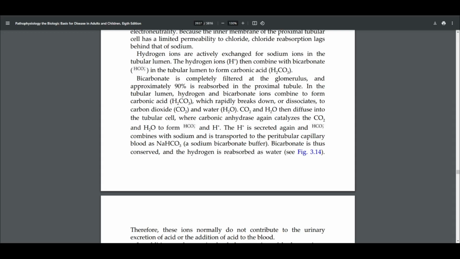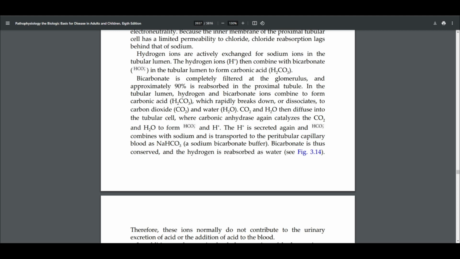The hydrogen ions then combine with bicarbonate in the tubular lumen to form carbonic acid. Bicarbonate is completely filtered at the glomerulus, and approximately 90% is reabsorbed in the proximal tubule.